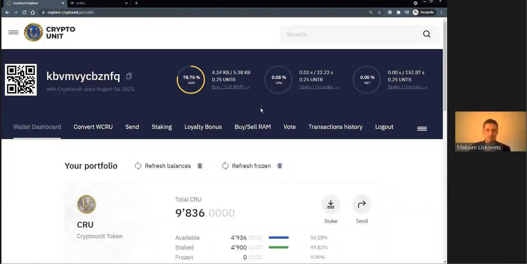If we compare it to the real world, RAM is the memory, like computer memory, or RAM can be compared to the body of the car, the capacity of the car, which means that the more RAM you have in your wallet, the more transactions you can carry out.